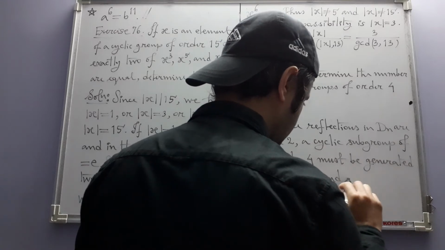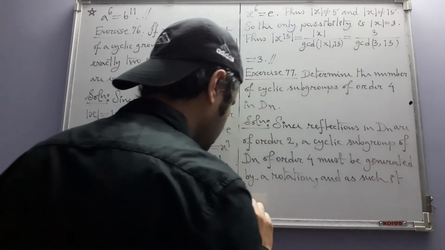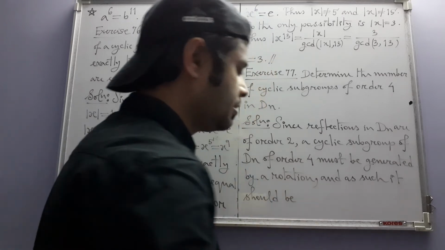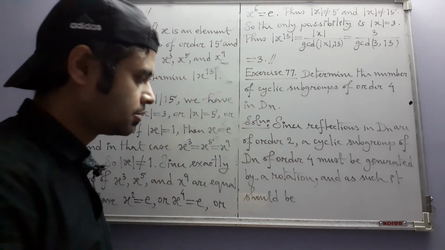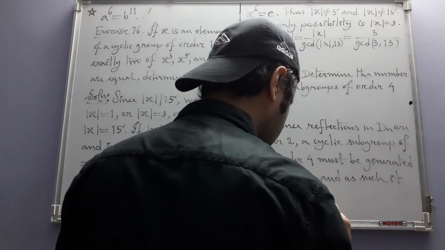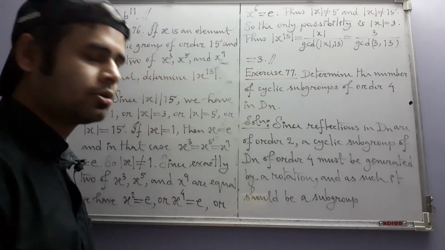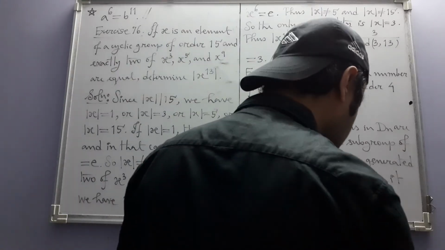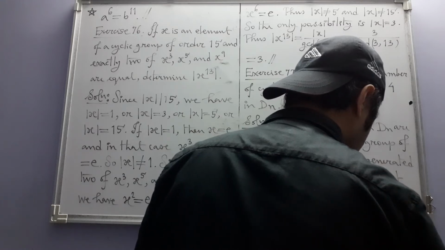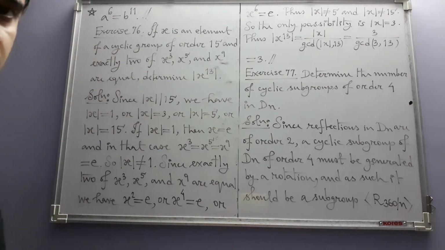And as such, it should be contained in the subgroup of all rotations. That means it should be a subgroup of the subgroup of all rotations, which itself is cyclic, and its generator is the rotation through an angle 360 divided by n.